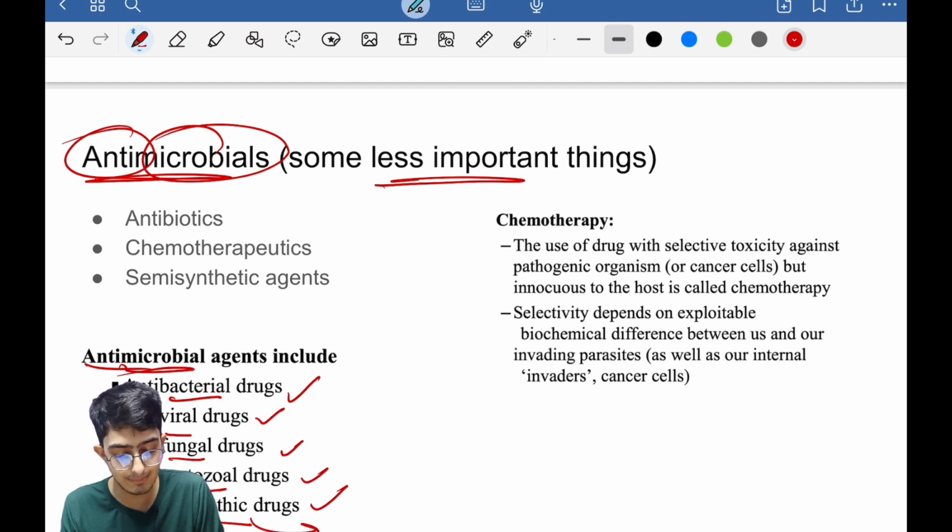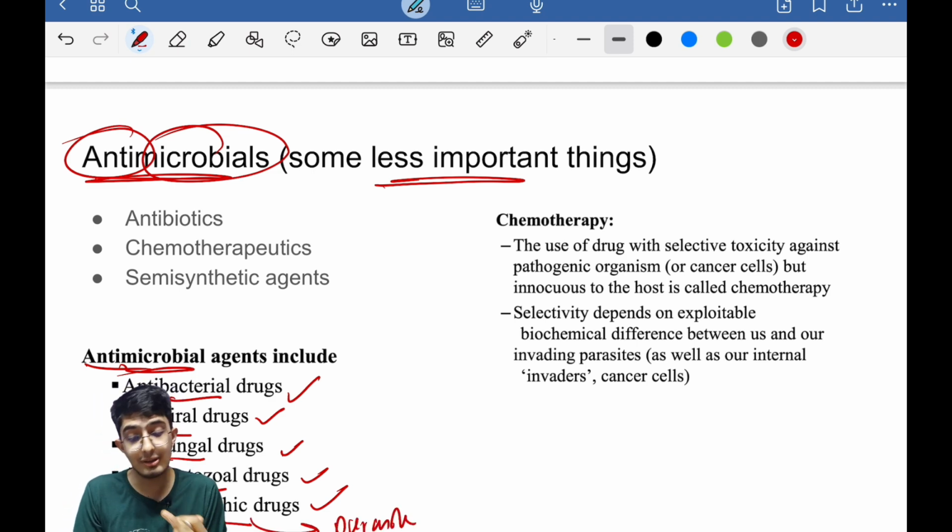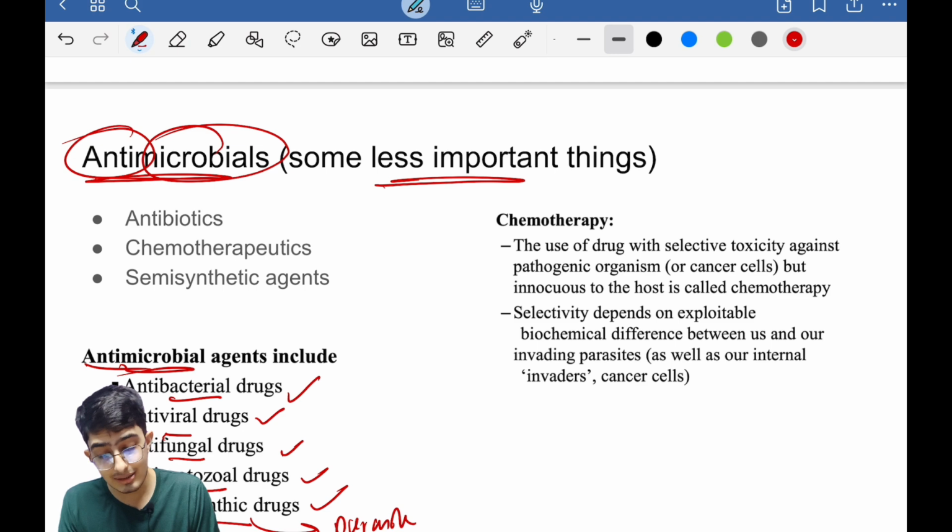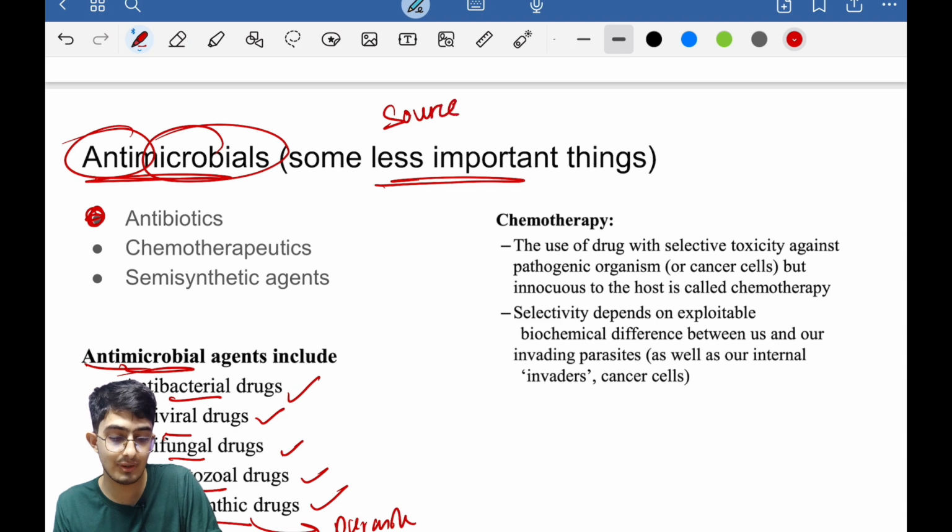Helminthic is basically parasites, right? Depending on what the antimicrobial acts on, there are antibacterial, antiviral, antifungal, antiprotozoal, and antihelminthic. That's pretty simple, right?